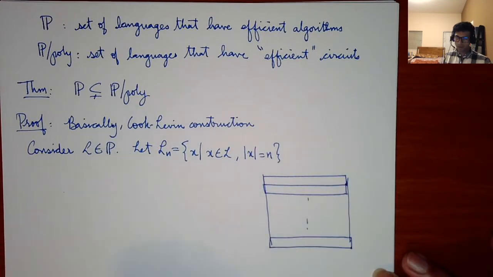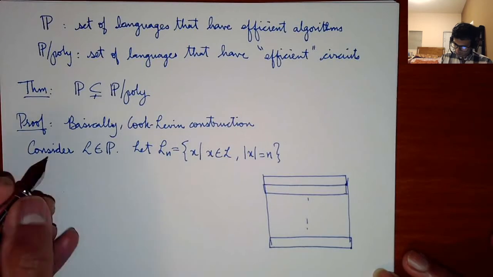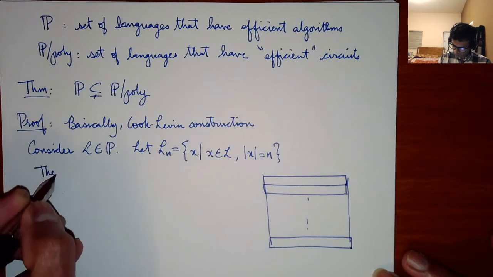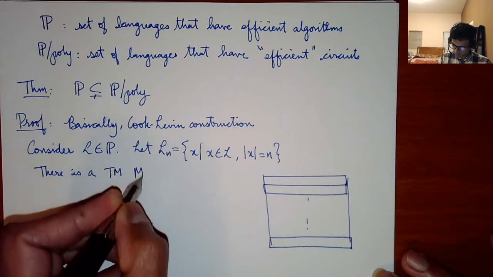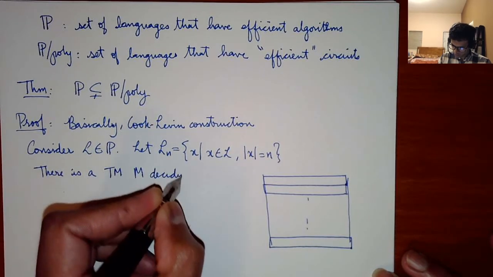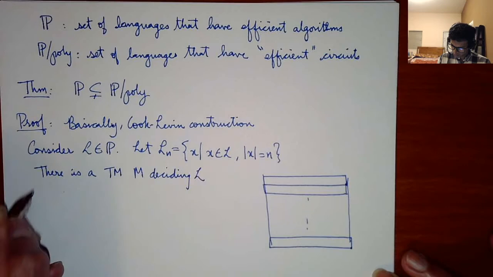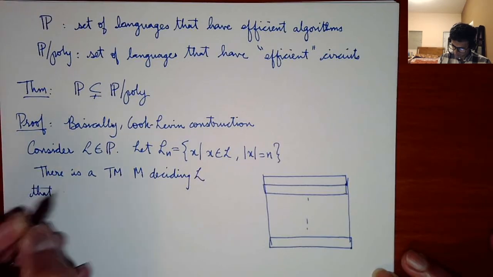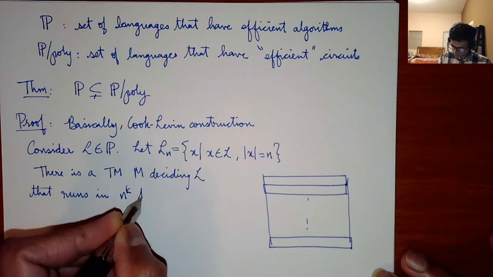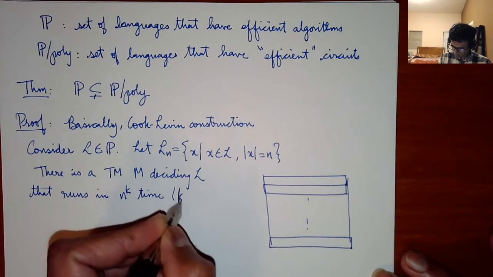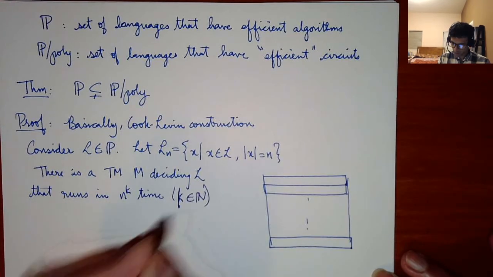And because L is in P, we know that there is a Turing machine M deciding L that runs in n to the k time, and k is just some constant.